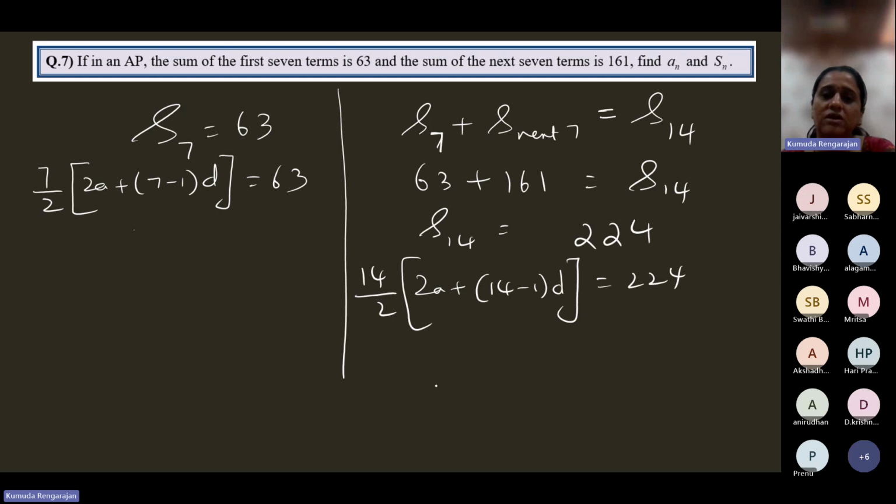Solve these 2 equations, find the values of A and D. Here it is not to generate the AP. You have the values of A and D, right? You'll have to find AN.